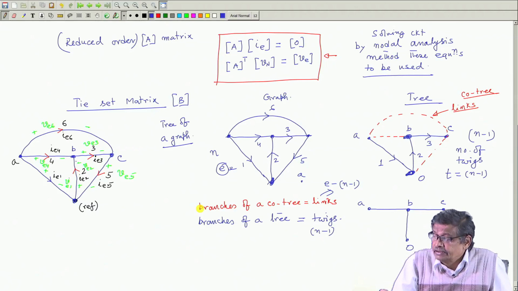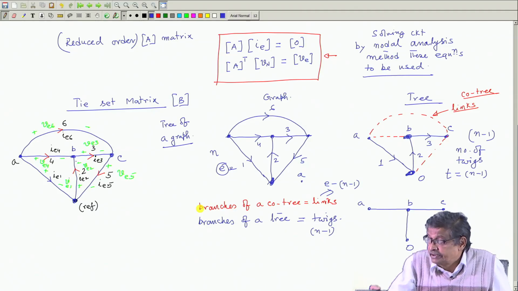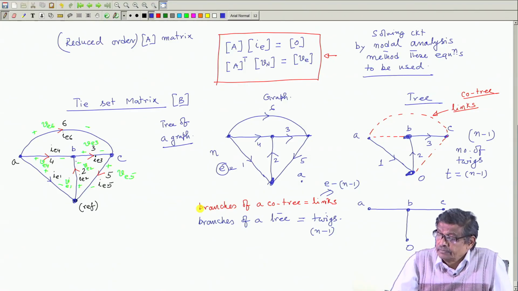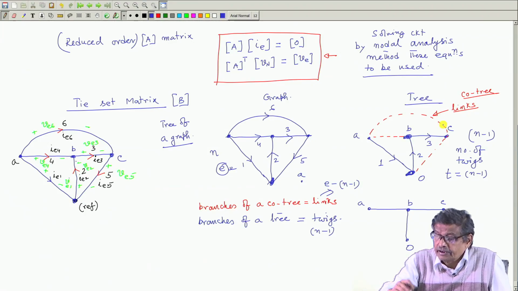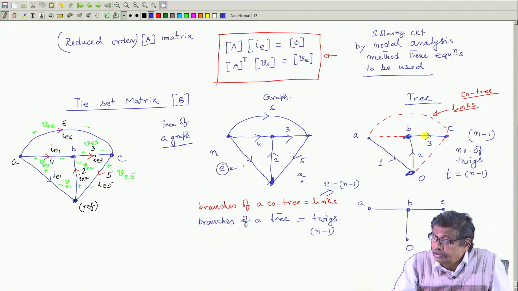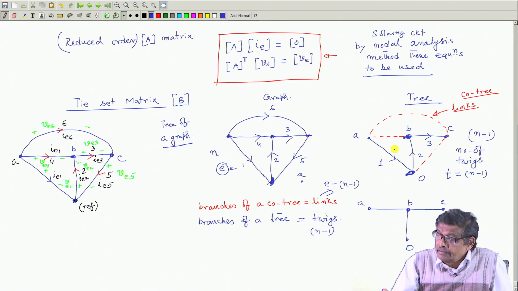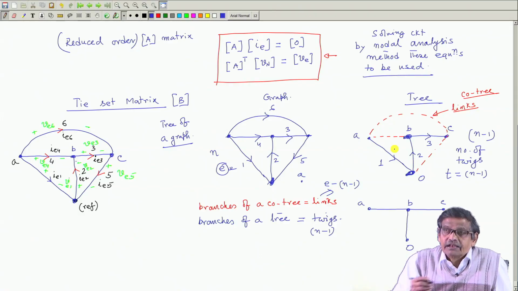The edges which form a tree are given the name twigs, the number of twigs will be n minus 1, and the left out branches which I have discarded while constructing the tree are shown by these dotted red lines. This structure is called a cotree, this red portion only with the blue erased. Cotree plus tree is your original graph if you make all lines solid.